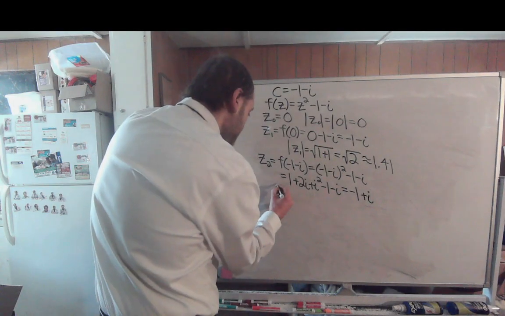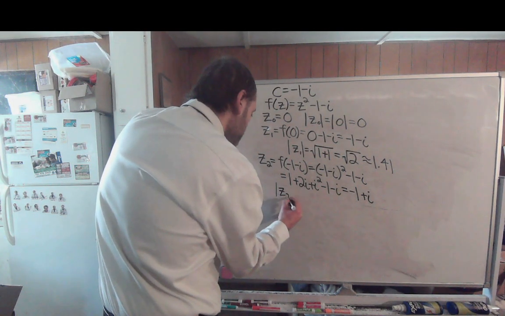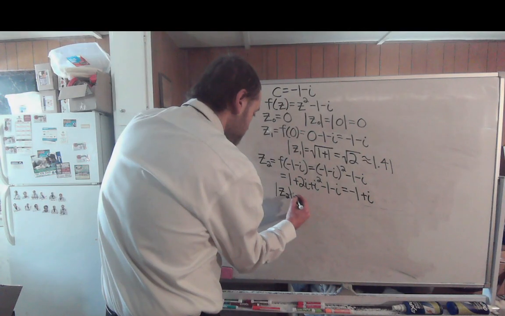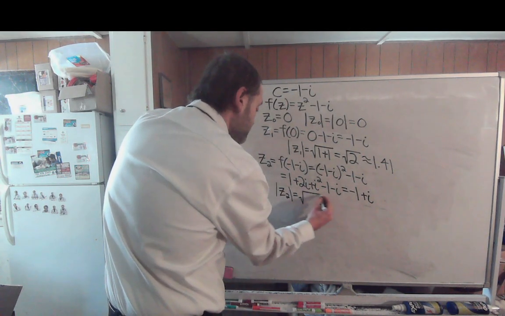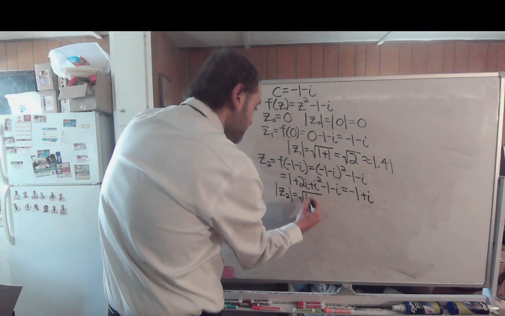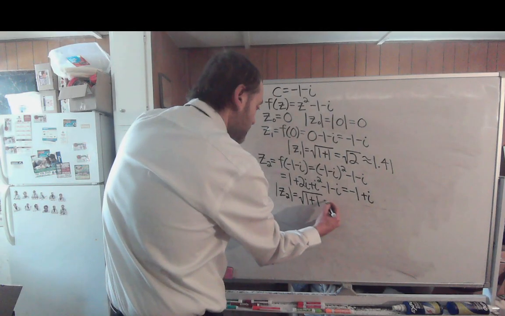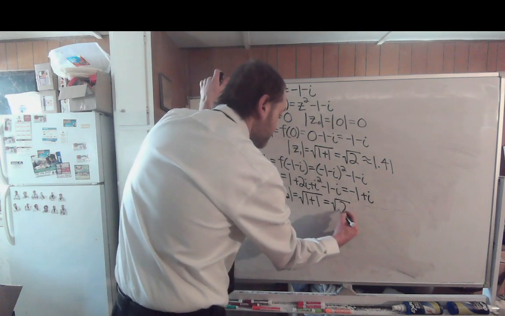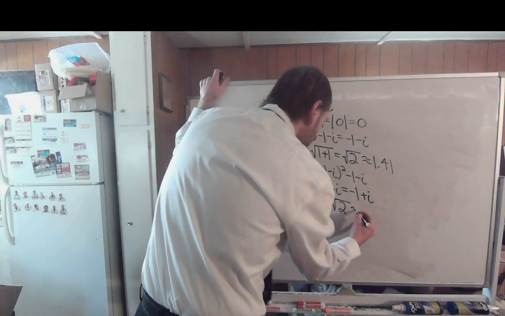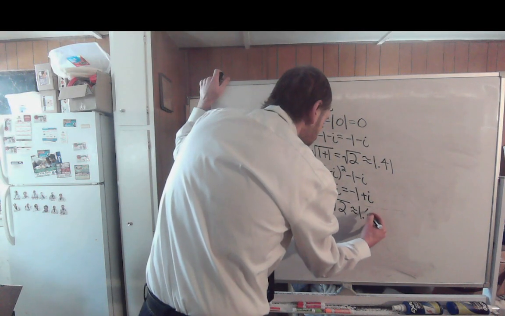Now let's find the absolute value of z sub 2, which would be the square root of your a squared, which would be 1, plus b squared, which would also be 1, gives you the square root of 2, which again is approximately equal to 1.41.